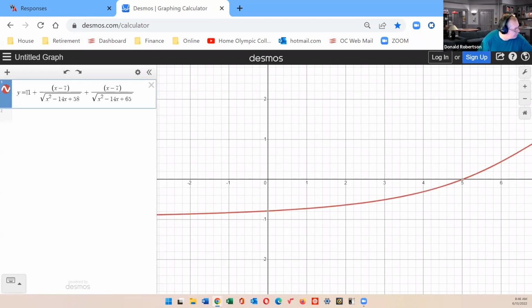Okay, so here is our derivative, all of that. And we want to know when it's 0, which means where does it cross the x-axis? Can you see it crosses there at 5? Thereabouts. So we know that x should be 5.